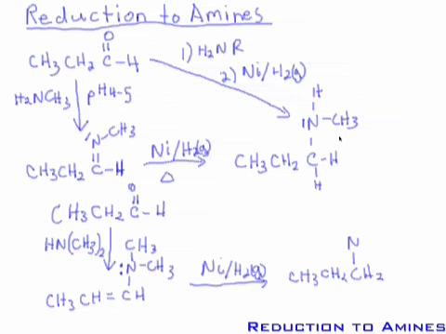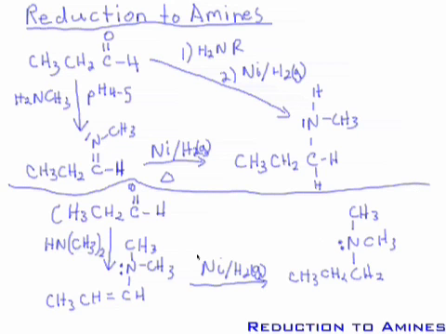Primary amines through this process end up giving you secondary amines, and if we use the secondary amine and we carry out this reaction, we get a tertiary amine. There you go. So this bottom went via an enamine. And this top reaction went via an imine.